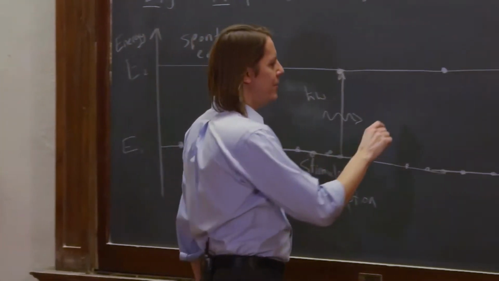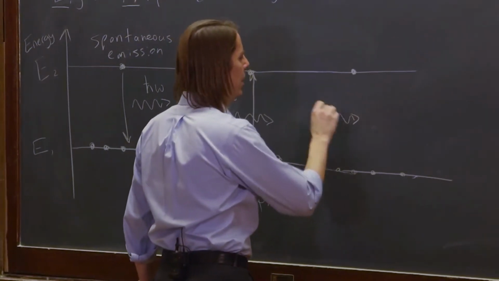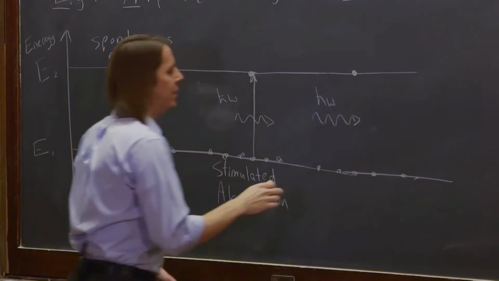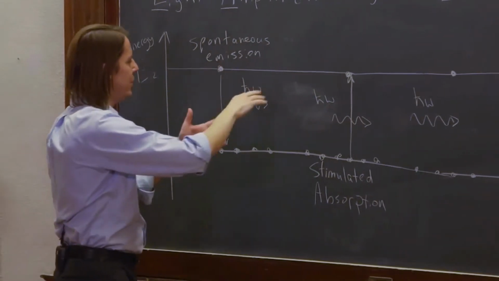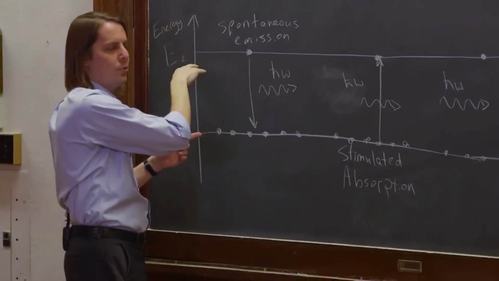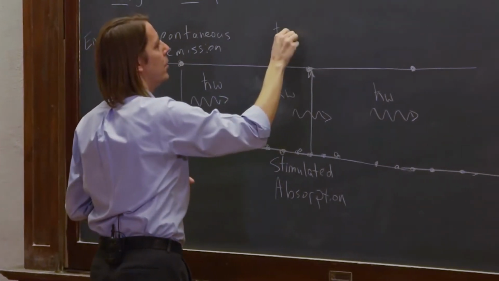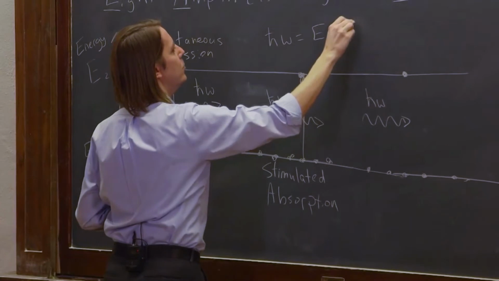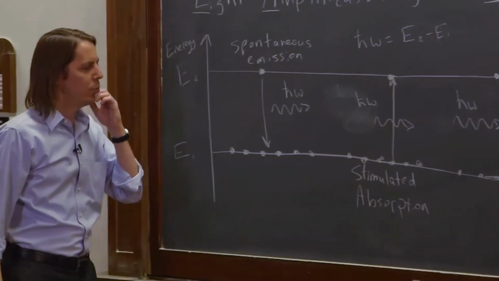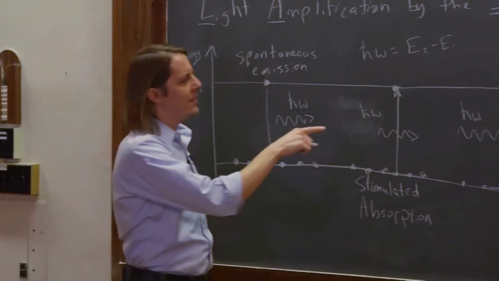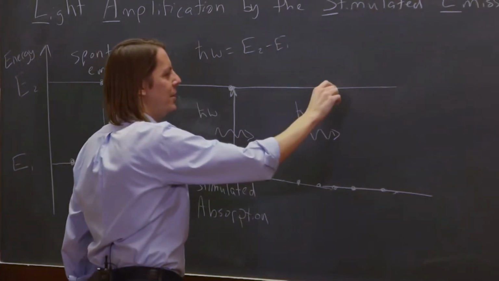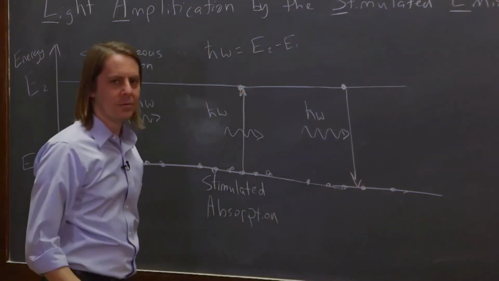But if you send in light, h bar omega, and all these energies match the difference between E1 and E2. So that's the important part, is that h bar omega equals E2 minus E1, that difference. So sort of a resonant frequency. So if you send that in, even though it can't absorb it, it encourages it to go down.